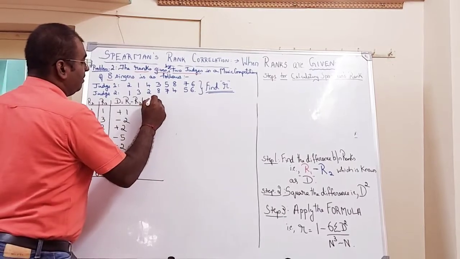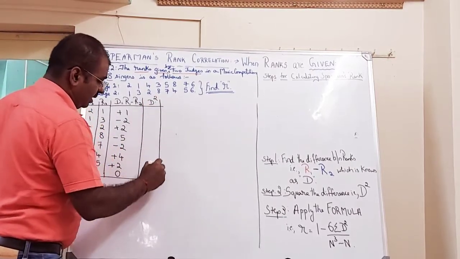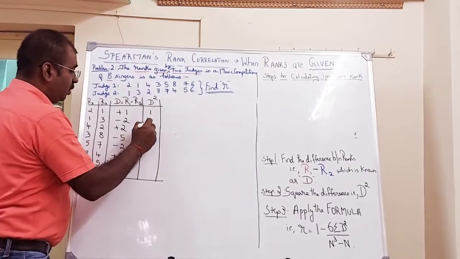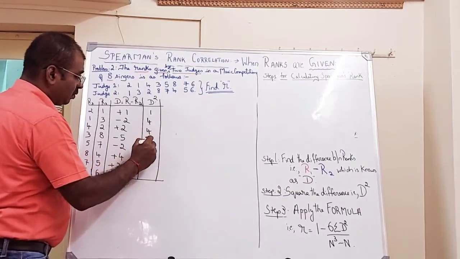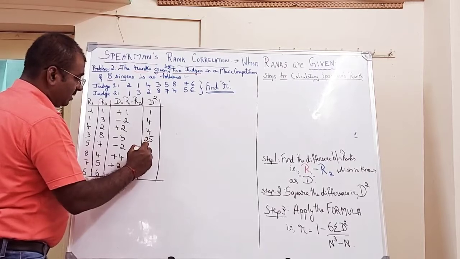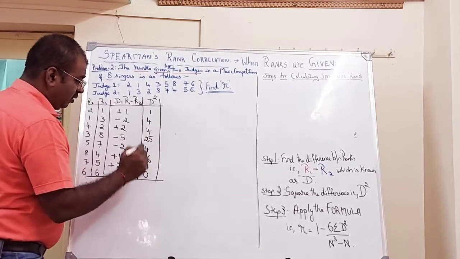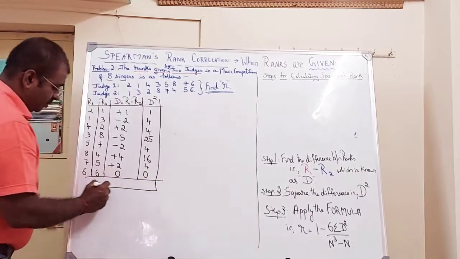After this, we find d square. 1 squared is 1, 2 squared is 4, 2 squared is 4, 5 squared is 25, 2 squared is 4, 4 squared is 16, 2 squared is 4, 0 squared is 0.